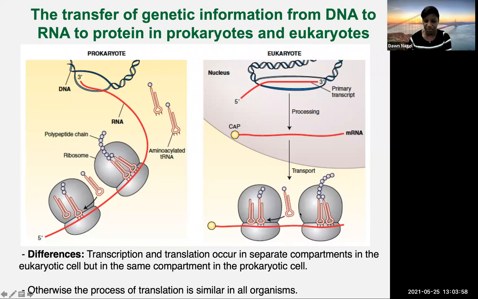So it's really compartmentalized in eukaryotes. Besides these 2 differences, you'll see that most of translation is very similar in terms of the steps and the proteins involved, even though you would expect more in eukaryotes because it's a more complex system.